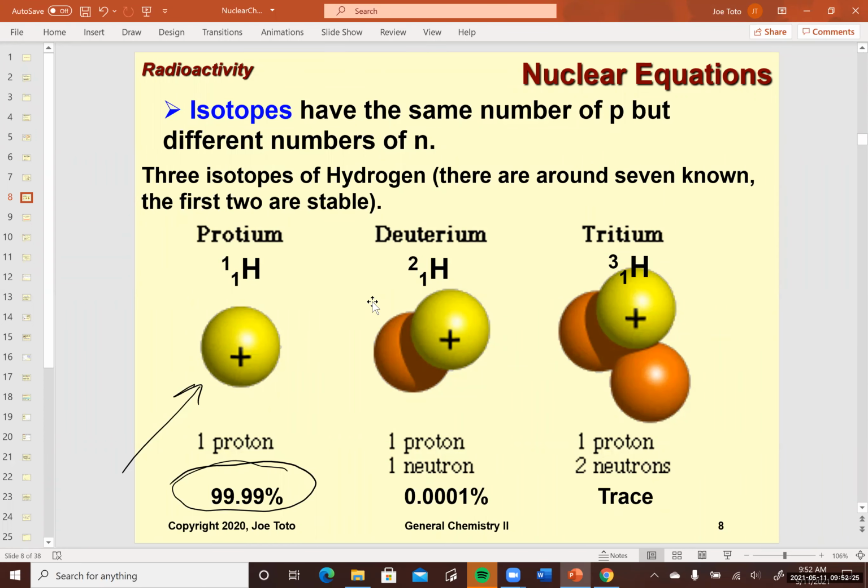The other two depicted here are deuterium and tritium. Deuterium has two heavy particles, one proton and one neutron, and tritium has two neutrons and one proton. So this is an example of isotopes, and it also illustrates the definition of isotopes.